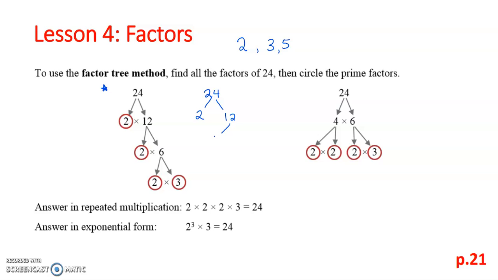Now I divide 12 by 2, which gives me 6. Divide 6 by 2, which gives me 3. And 3 is my last prime number, so I circle, circle, circle, and circle, and these are my prime factors. 2 times 2 times 2 times 3 equals 24.